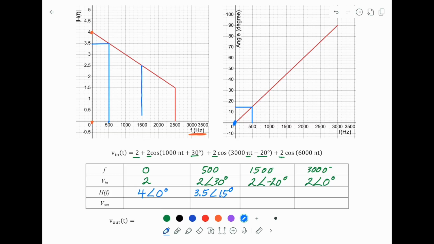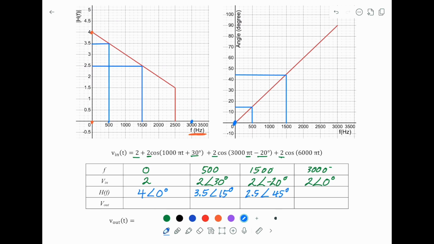Next, we want to look at 1500. So 1500 here is 2.5, and at 1500 this is 45 degrees. And now we have 3000. 3000 here is 0.